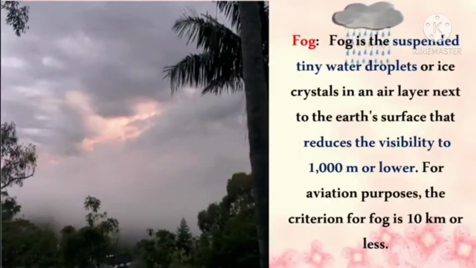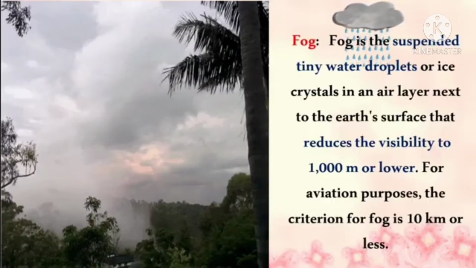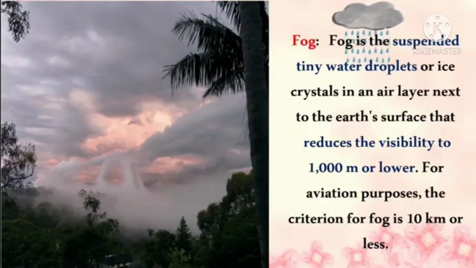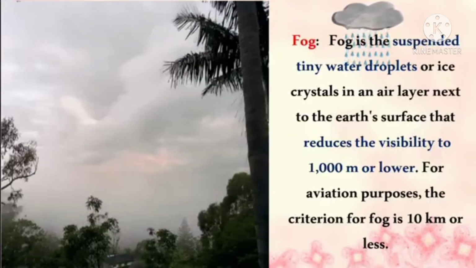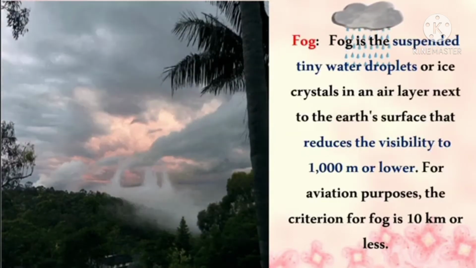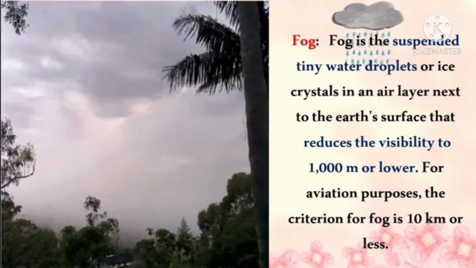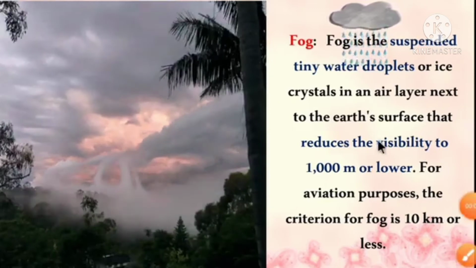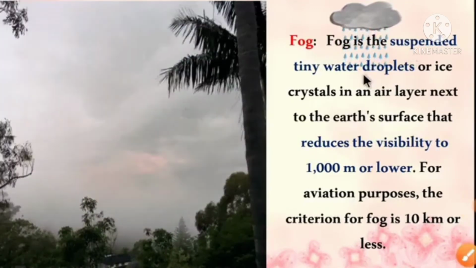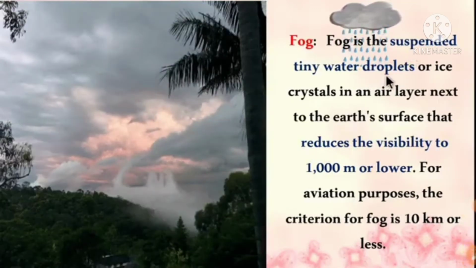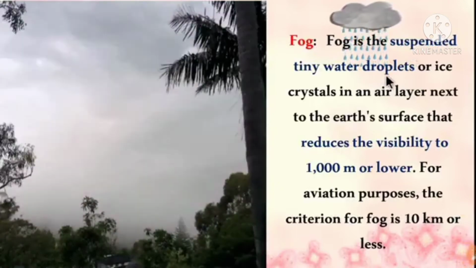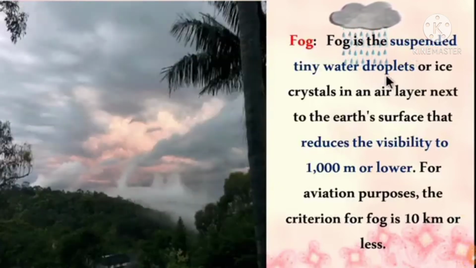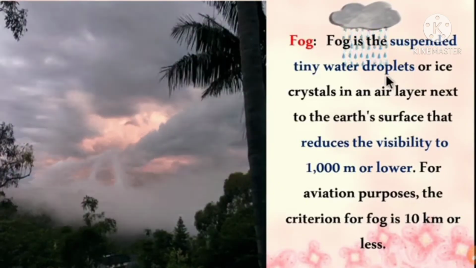The next form of condensation is fog. Fog is suspended tiny water droplets or ice crystals in an air layer next to the Earth's surface that reduces the visibility to 1000 meters or lower. For aviation purposes, the criterion for fog is 10 km or less.